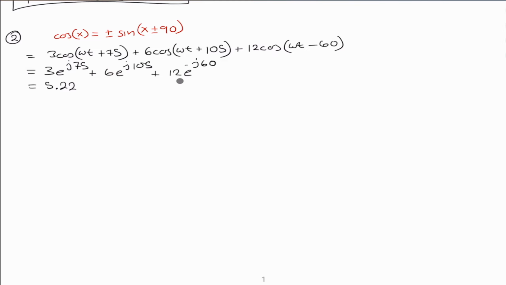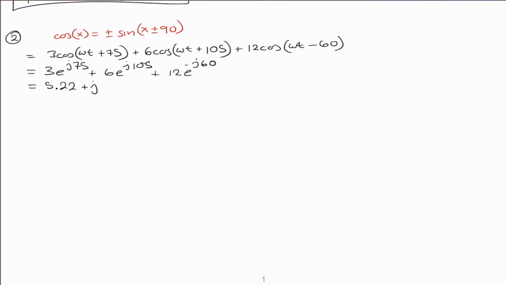Then we can go ahead and factor out the j, because all of these terms are going to give us a j sine 75, j sine 105, and a minus j 60. So the coefficients are included as well. So we factor out the j, and it's going to end up to be a positive. So 3 times sine of 75 plus 6 times sine of 105 minus 12 sine of 60.